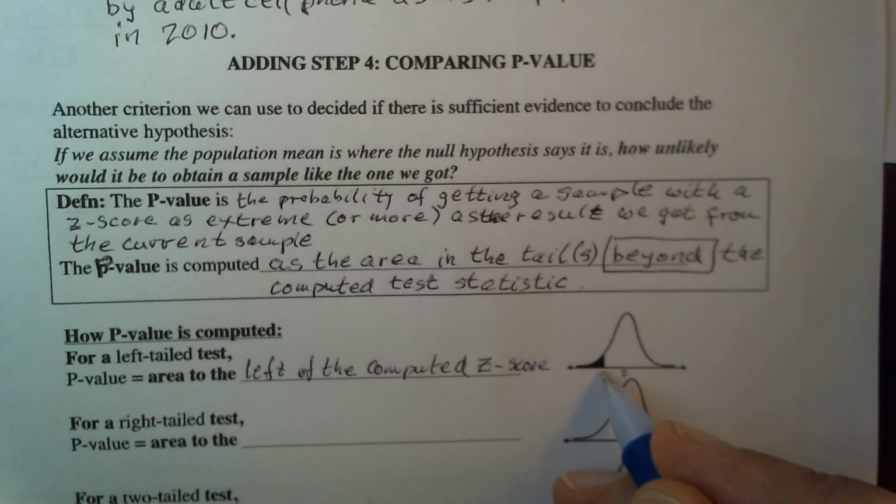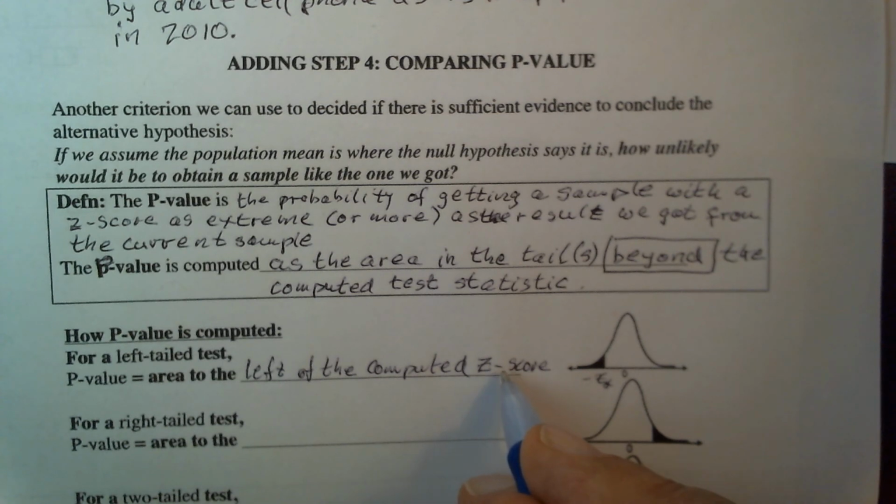In other words, if this is our critical value, z sub alpha, or minus z sub alpha, then the p-value would be to the left of the computed test statistic. Okay, so it says computed z-score, it really means the test statistic.